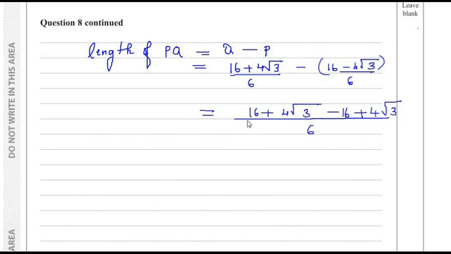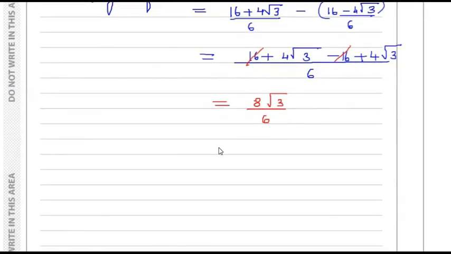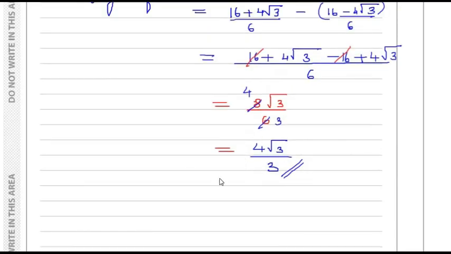So plus 16 and minus 16 get cancelled, and 4 root 3 plus 4 root 3 gives us 8 root 3 over 6, which can be simplified as 2 4 times and 2 3 times. So we have 4 root 3 over 3, which is the distance between the points P and Q. So this is how we solve part C of the question.